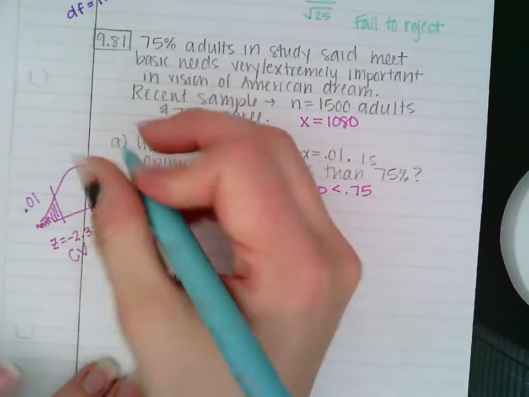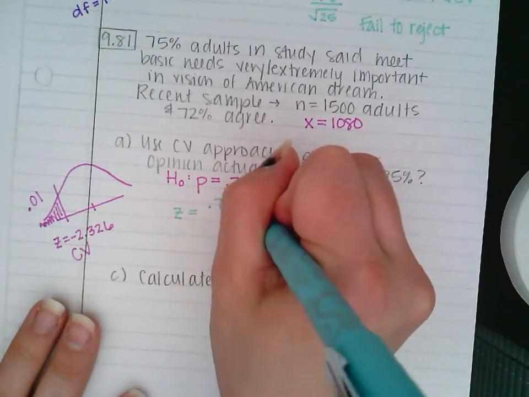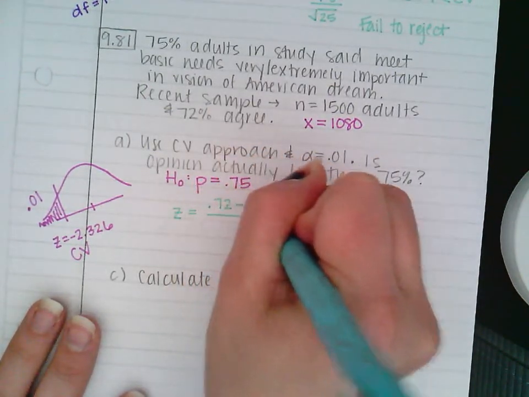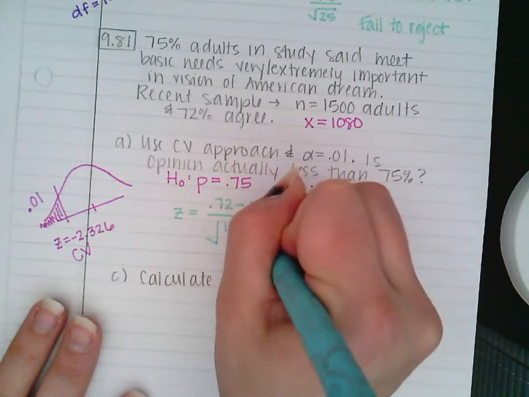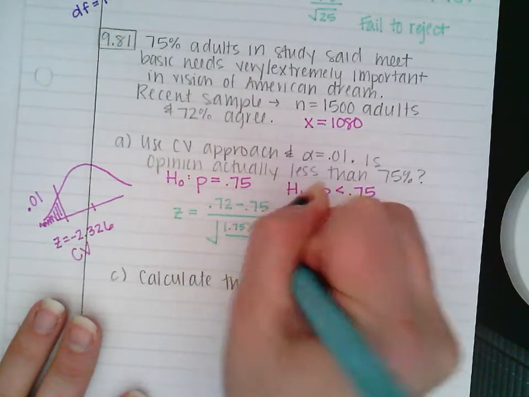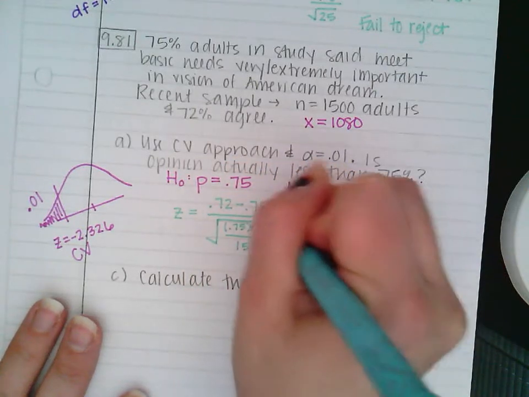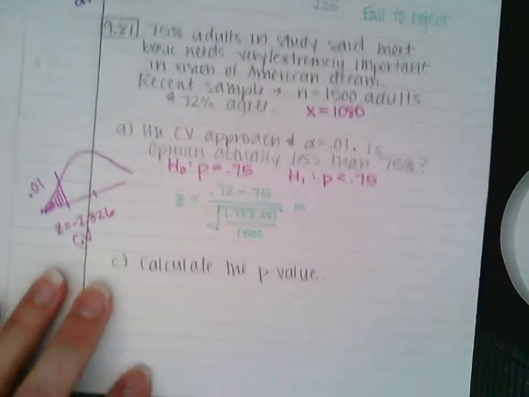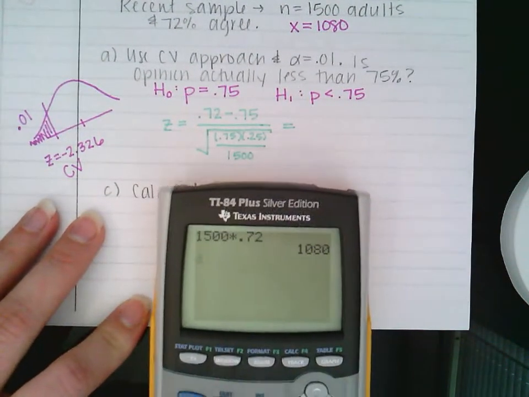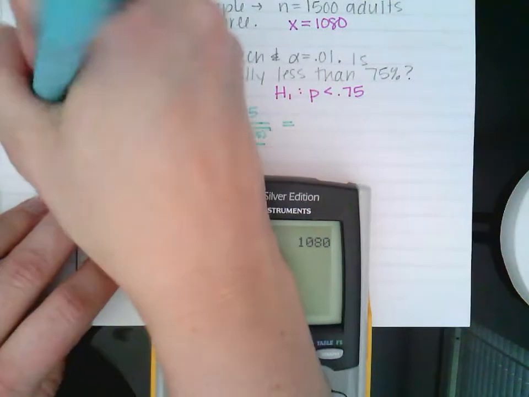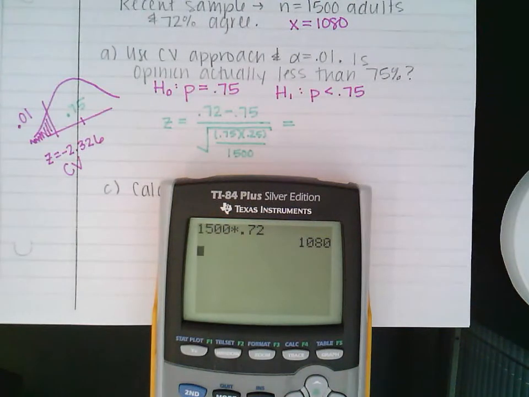So let's calculate it. So Z is equal to 0.72 minus 0.75 all over the square root of 0.75 times 0.25 over n. Now, in confidence intervals, we would have used p hat here for the standard deviation, but when you have a normal model that is set at 0.75 here in the middle for that p, you're going to use that for your standard deviation.